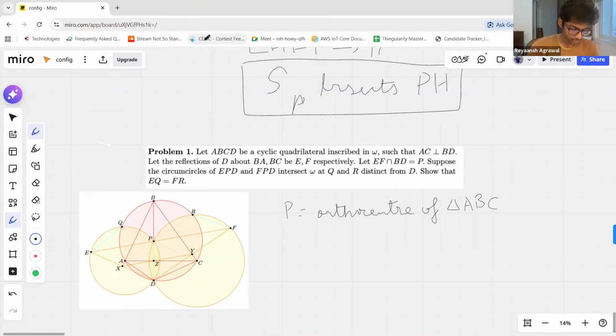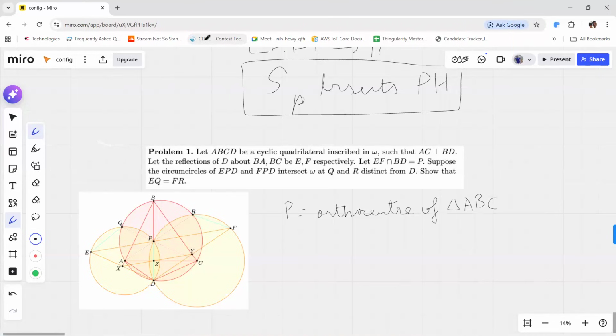Note that AB is the perpendicular bisector of DE. So the circle DPQE is symmetric about AB. So the reflection of P about AB would lie on the circle DPQE.